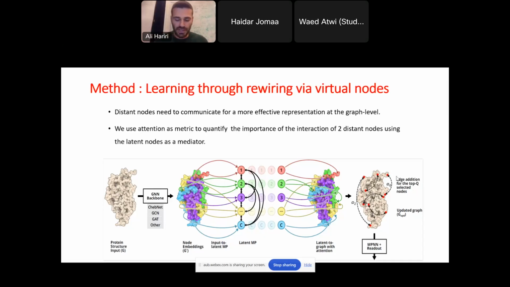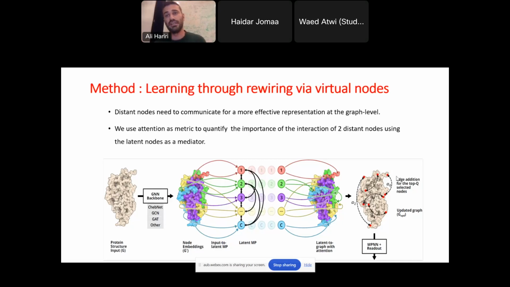So we start with the following. We assume that for every large structure, whether it's a protein or another type of network, we need a combination of local and global information. The local information will be accounted for by a backbone GNN.